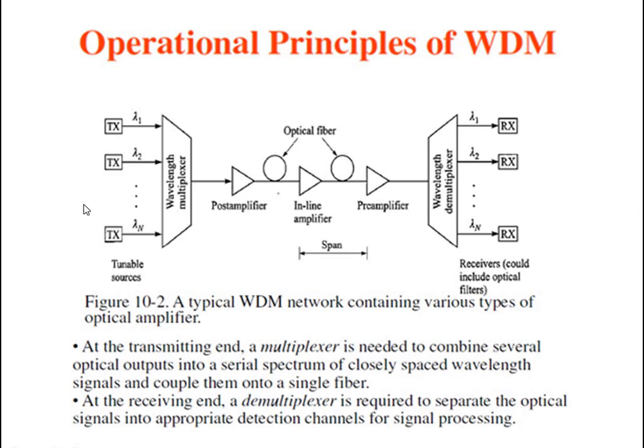At the transmitting end, there are several independently modulated light sources, each emitting signals at a unique wavelength. Here a multiplexer is needed to combine these optical outputs into a continuous spectrum of signals and couple them onto a single fiber.